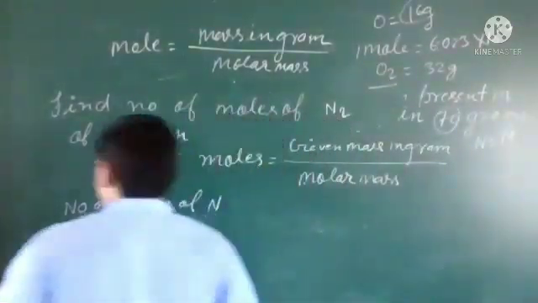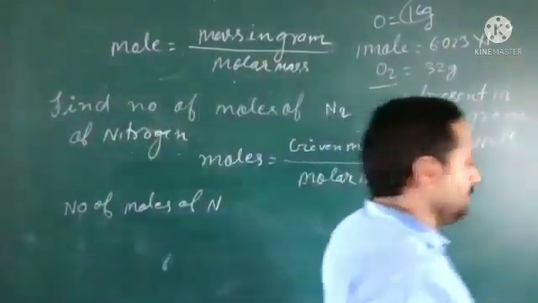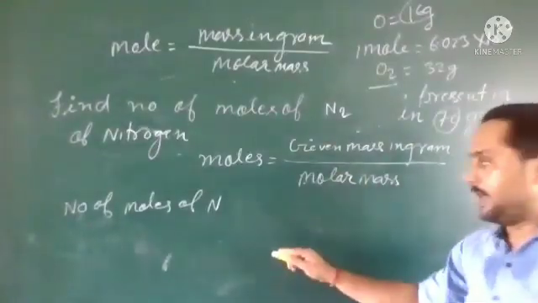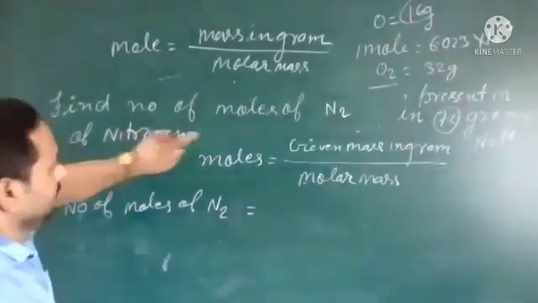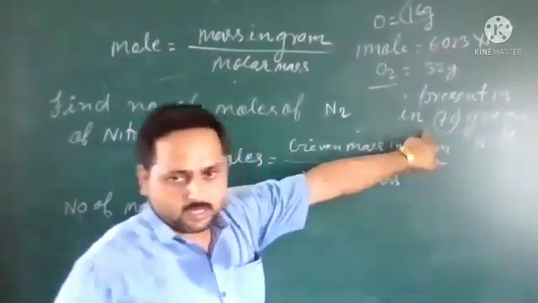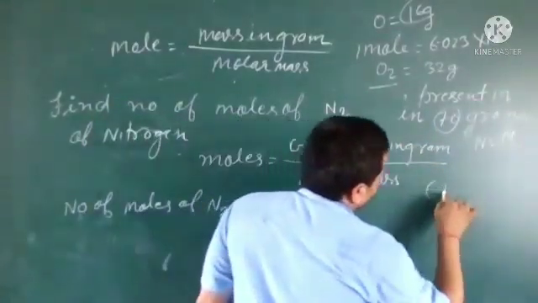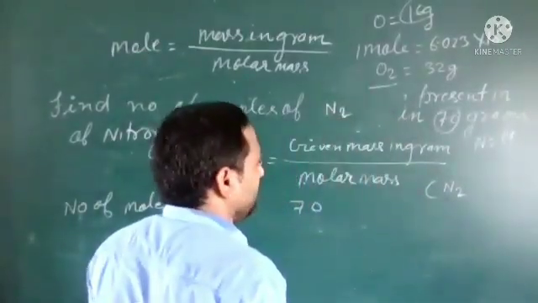So 2.5 moles. Here we will calculate mass with number of moles of N2. 70 gram we have taken here. Yes or no? And what is the mass of N2?